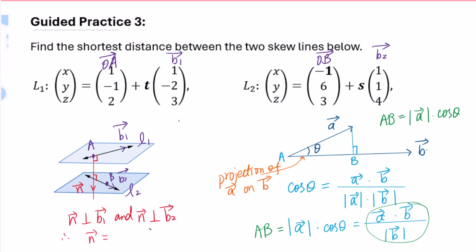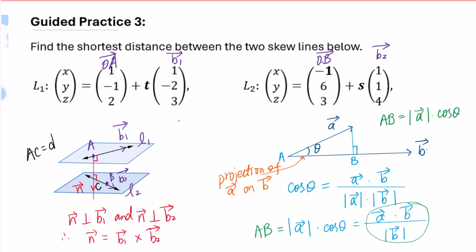So normal vector n equals vector B1 cross vector B2. Let's label the intersection of the normal vector and line L2 as C. Then AC equals the shortest distance D.